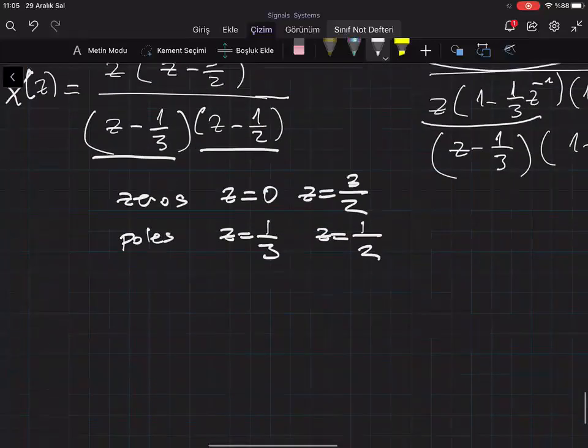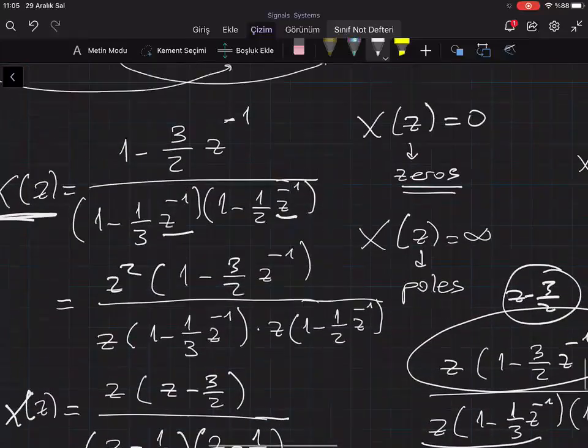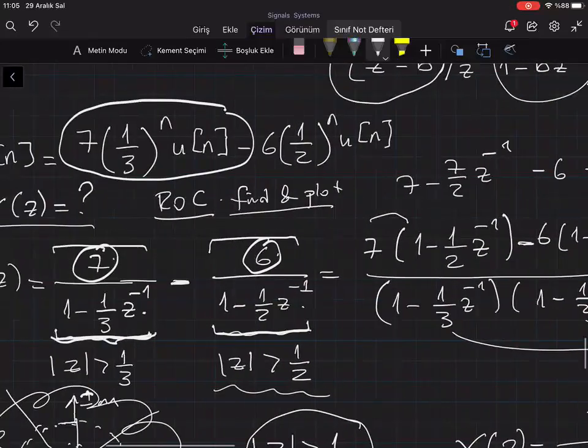Now, can I draw my poles, zeros and ROC here? This is real. This is imaginary z. I have two sequences here, both right-sided sequences.